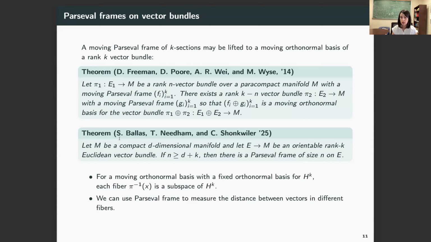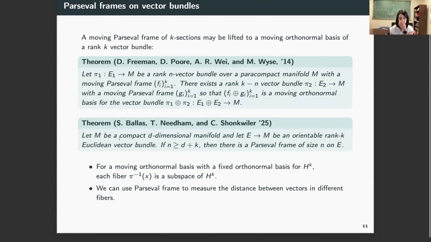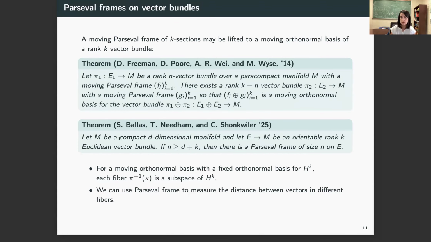It's really interesting to see that in order to create a parseval frame of a certain size, we need to have at least this much information.